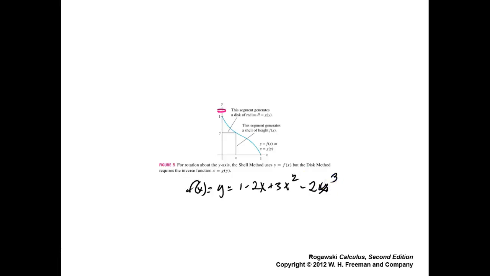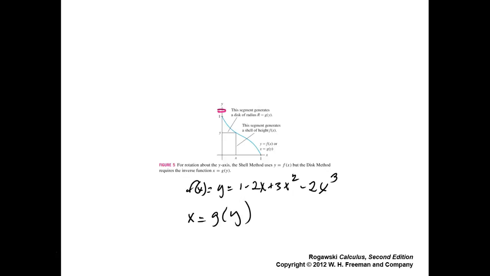Now, what you need is x as some function. Let's not call it f. Let's call it g or something. G of y. And I challenge you to get this function as a function of y. X as a function of y.